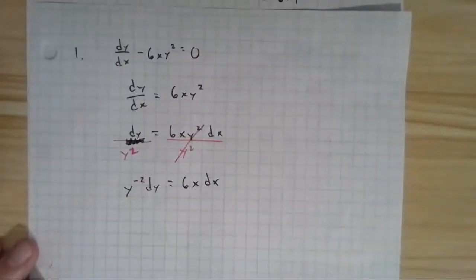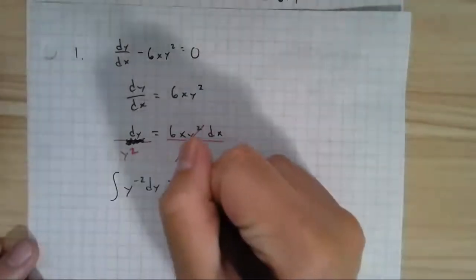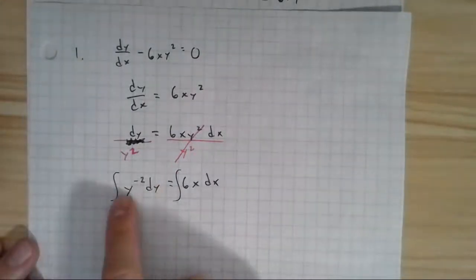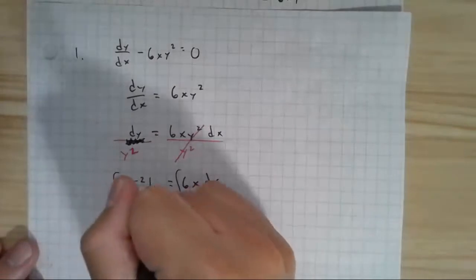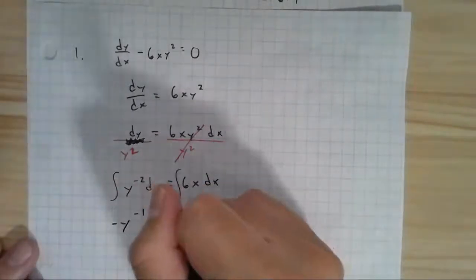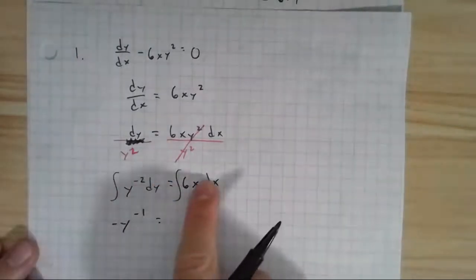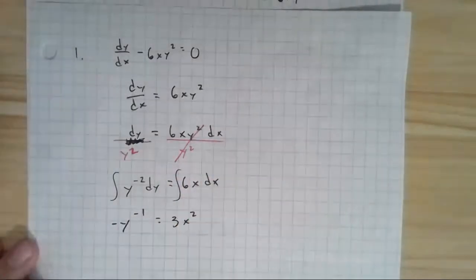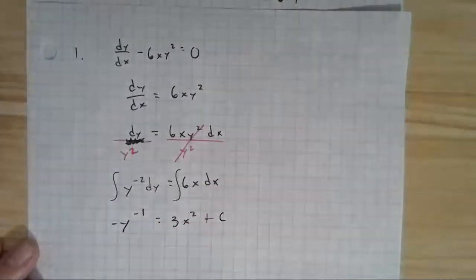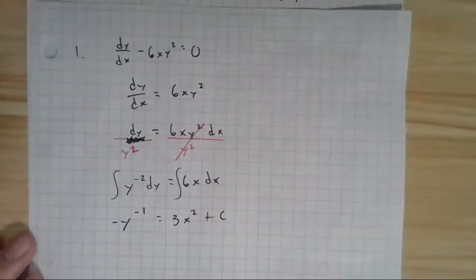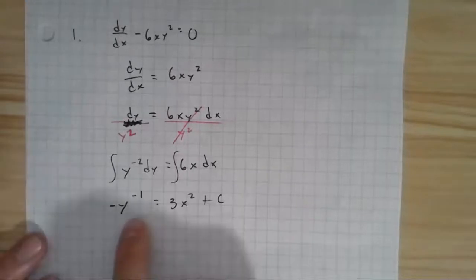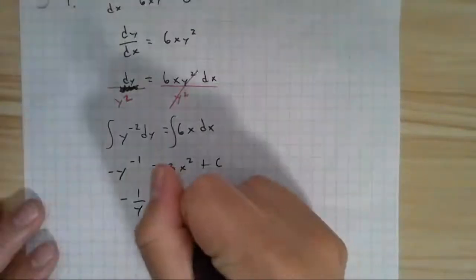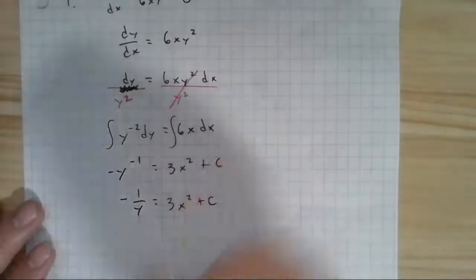Like that. Okay, now I can go ahead and integrate. And if I do that, I can add 1 here, I'll get negative 1, divide by negative 1. So I get negative y to the negative 1 is equal to, here, add 1, I get 2, divide by 2, I get 3x squared plus c. I think this will be similar from here. I can rewrite this here to be negative 1 over y is equal to 3x squared plus c.